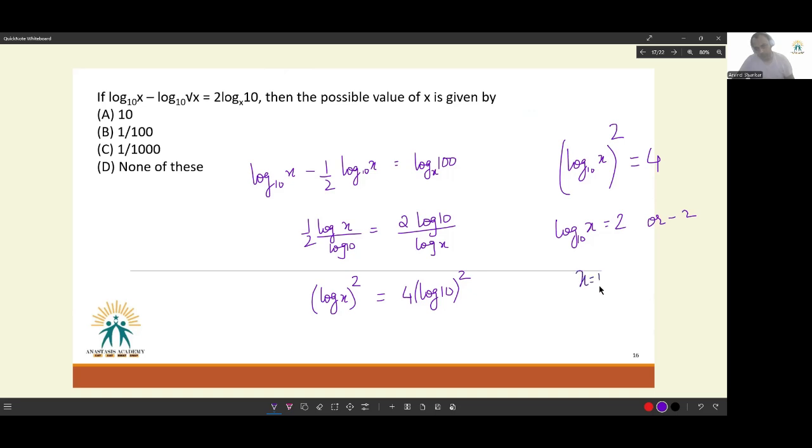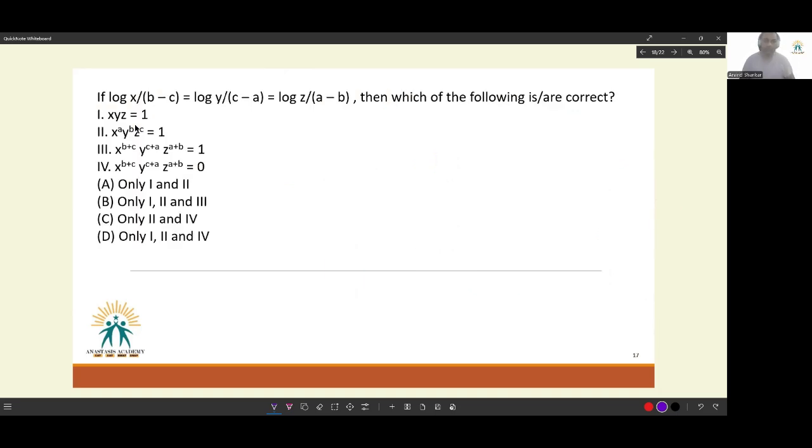So x will be equal to 10 square or 10 raised to the power minus 2. This gets us to 100. This gets us to 1 by 100. So then a possible value of x is given by 1 by 100. This will be accurate. Okay.